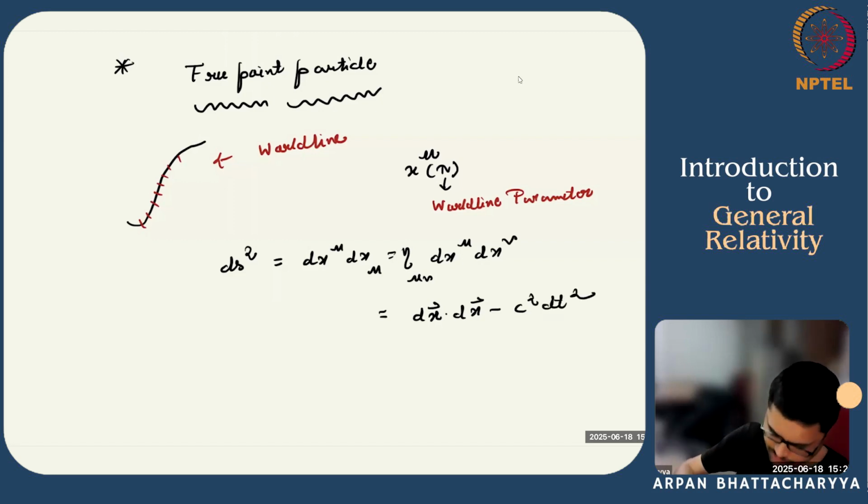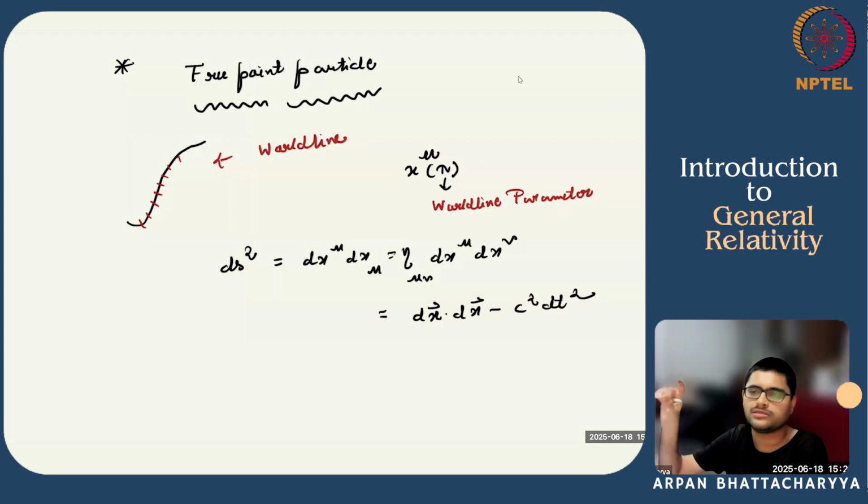Okay, so this is an invariant square interval, and if you take the square root of it with the appropriate sign, it gives you the infinitesimal length, right?